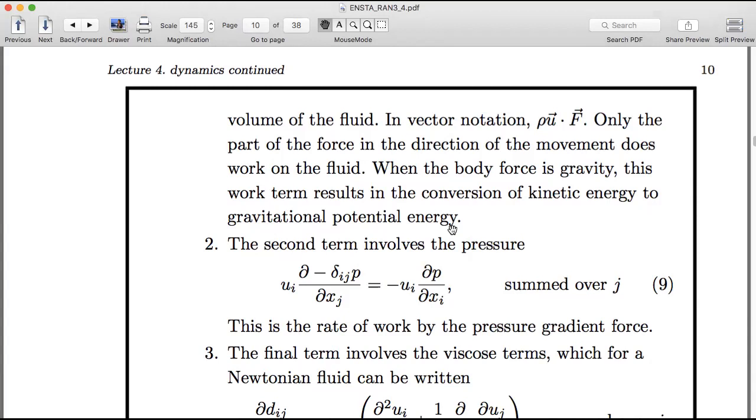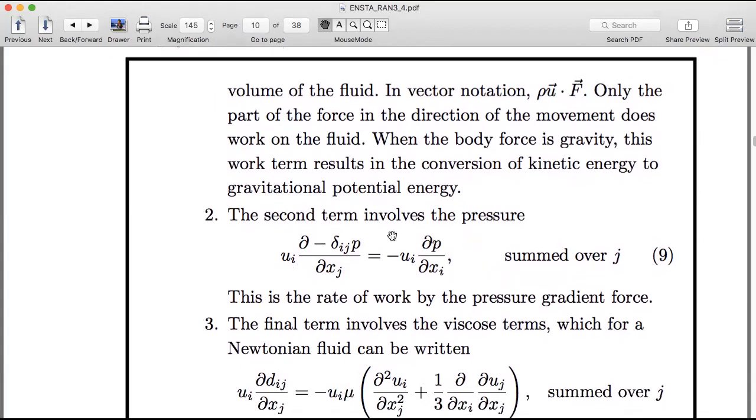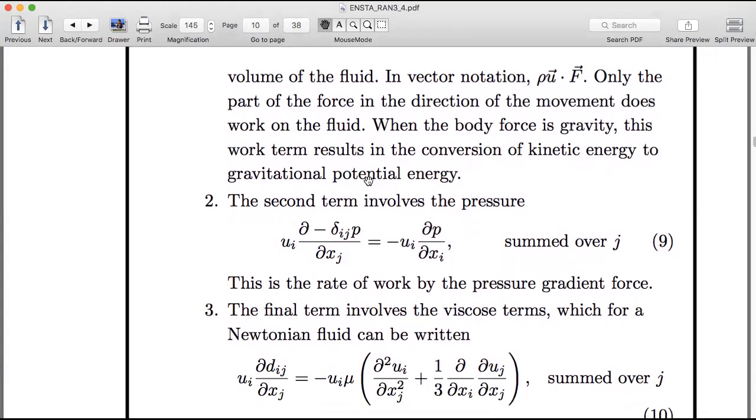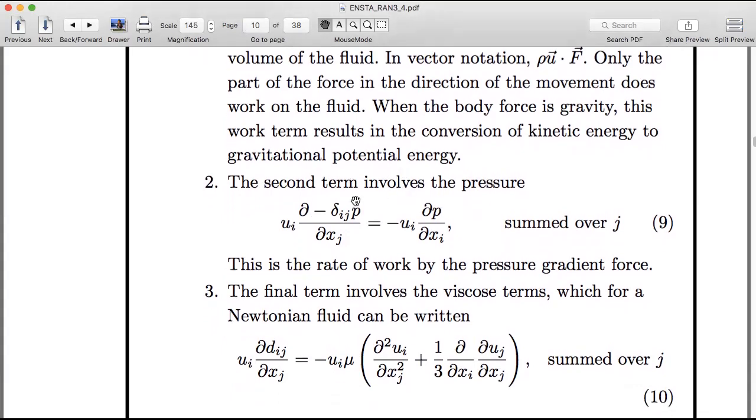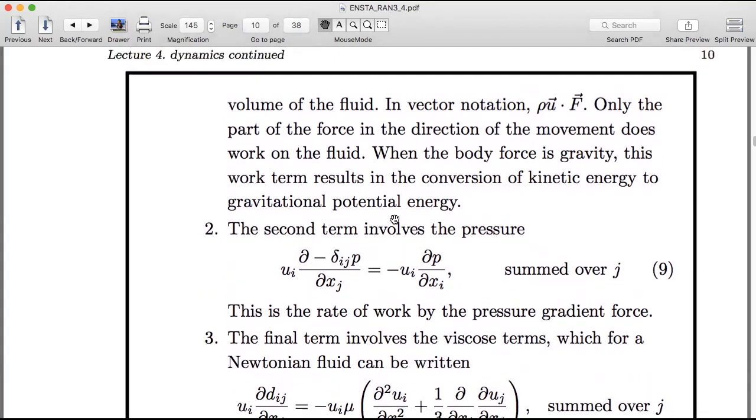The body force per unit mass is minus the gradient of some scalar, for example, psi. In particular, when it's the gravitational force, then it's the gravitational potential. Okay, so that's the first term.